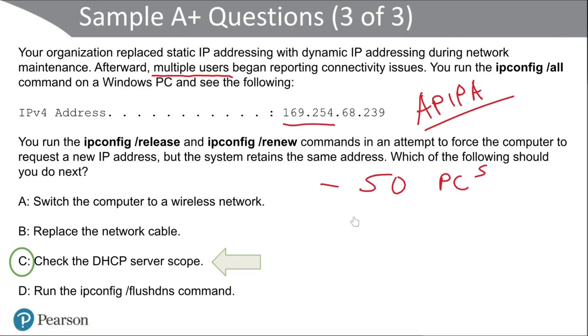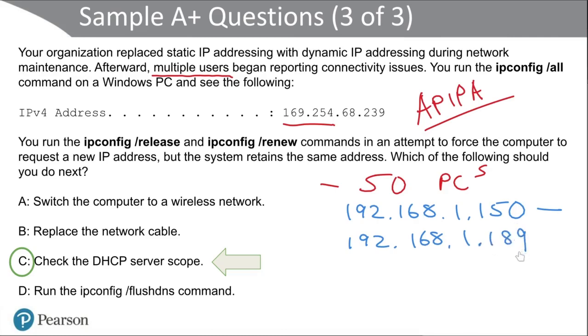And let's then further say that our range was 192.168.1.150 through 192.168.1.189. If that was the case, then we would be short by 10 IP addresses.